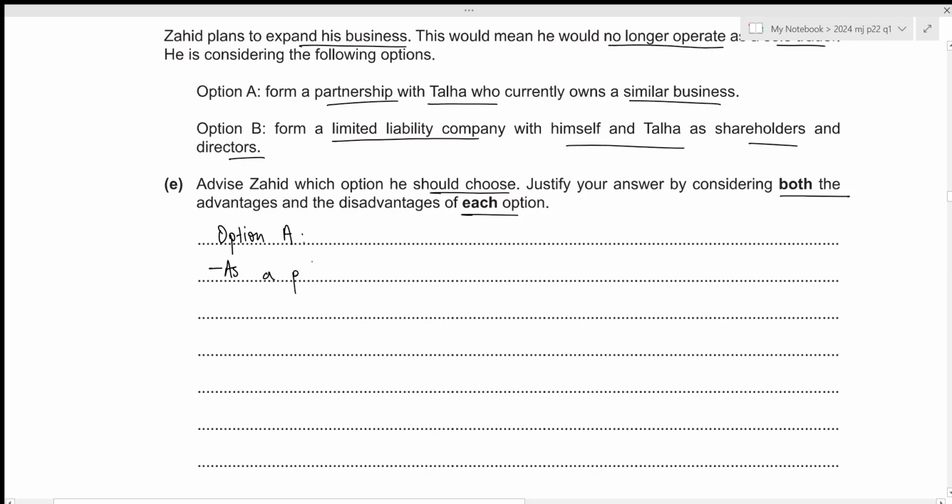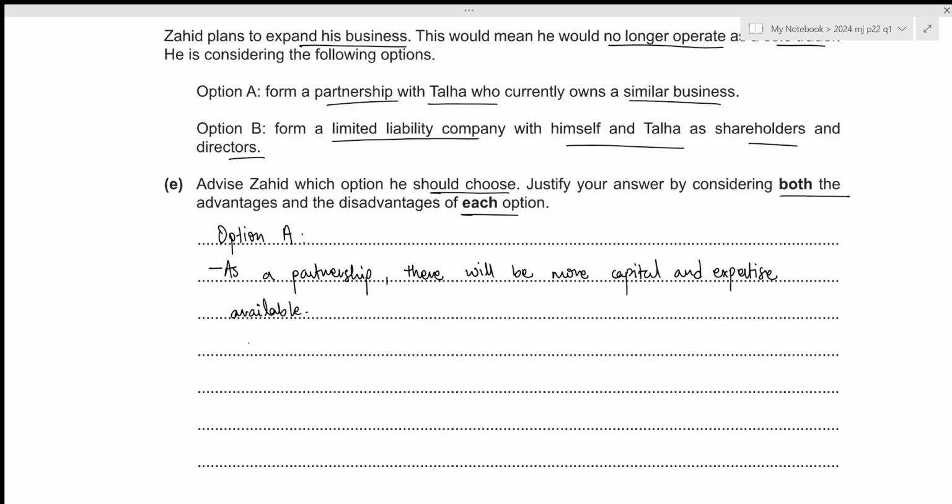So as a partnership business, there will be more capital and expertise available. The second advantage is that there will be shared workload among the partners.